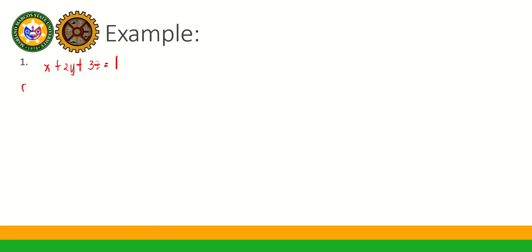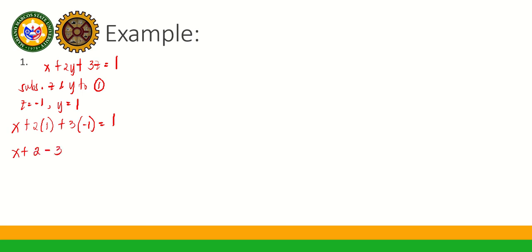So, substitute z and y to equation 1. So, this is our equation 1. So, ano yung value ng z natin? That is negative 1. Si y natin, that is 1. Okay? So, this is equal to x plus 2 times 1 plus 3 times negative 1 equal to 1. So, simplifying further, this is equal to x plus 2 minus 3 equal to 1. So, 2 minus 3 is equal to negative 1. x minus 1 is equal to 1.